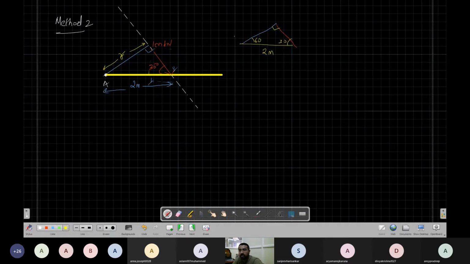If this is 2 meters, what is this side? What is cos 60? Let's call this x. Cos 60 is x upon 2, from the right triangle.